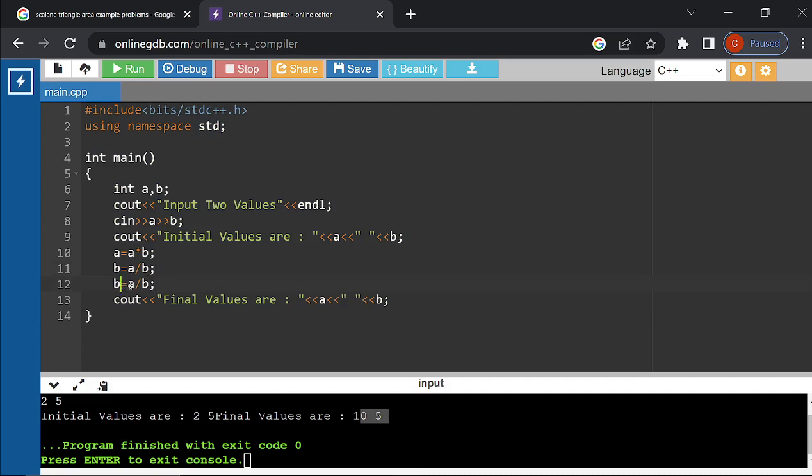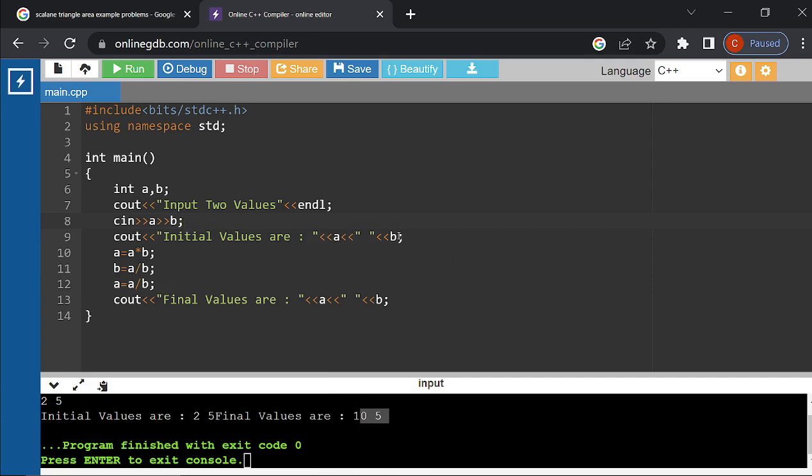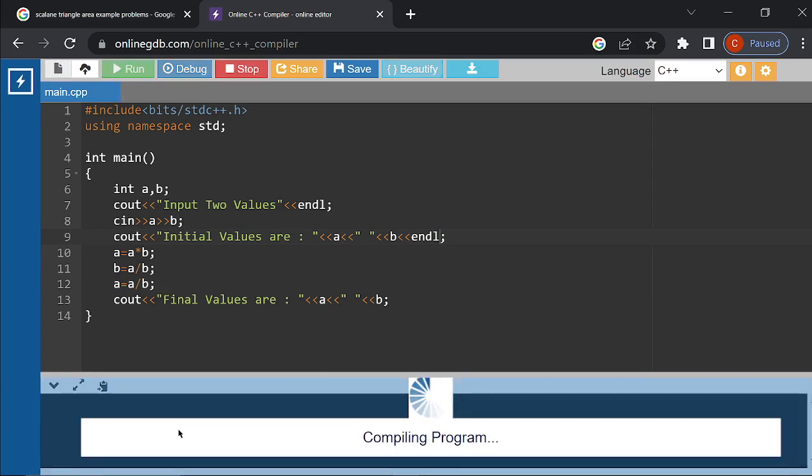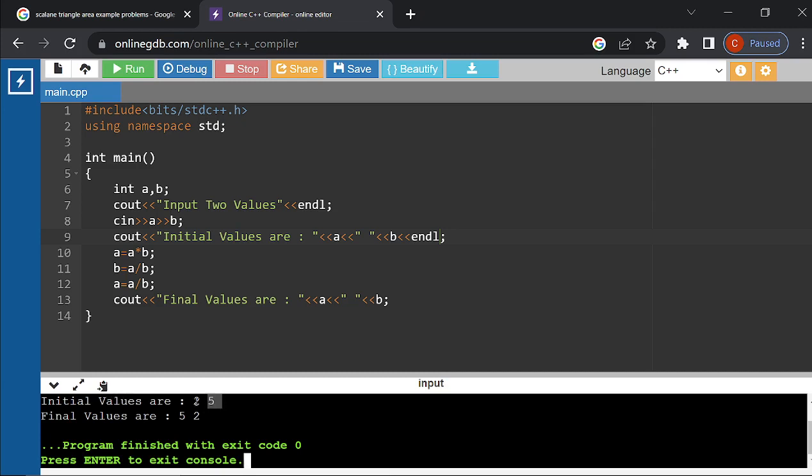This is A here, and endl. Now our output will be correct. I have inputted 2 and 5, so the initial values are 2 and 5. Final values are 5 and 2.